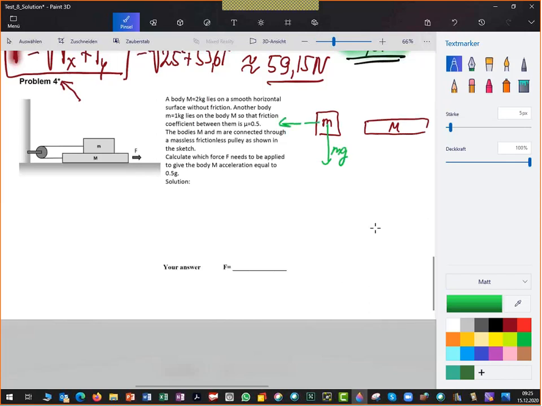Let's put it here, T. Since it does not move in the upwards or downwards direction, the mg force is perfectly compensated by the normal force. We already can say that the normal force is exactly equal to mg. So force up and force down must be equal to each other, both mg.